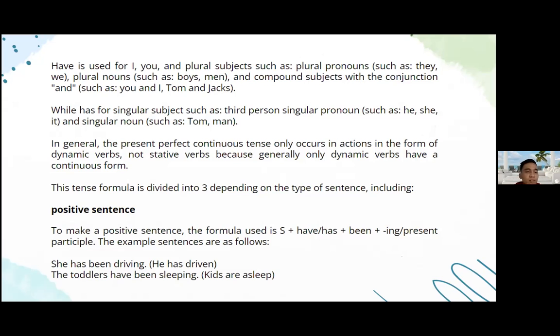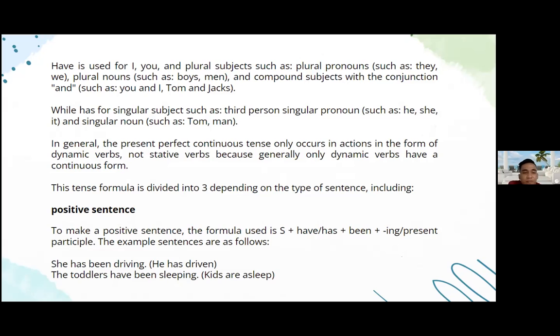While has for singular subject such as third person singular pronoun such as he, she, it, and singular nouns such as Tom and man. In general, the present perfect continuous tense only occurs in action in the form of dynamic verb, not stative verb, because generally only dynamic verbs have a continuous form.